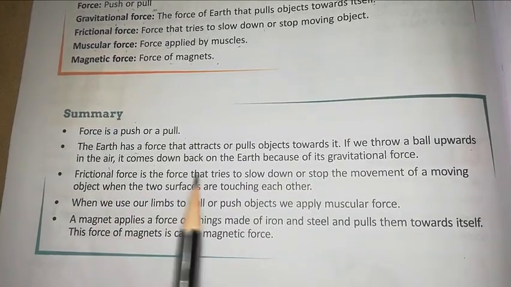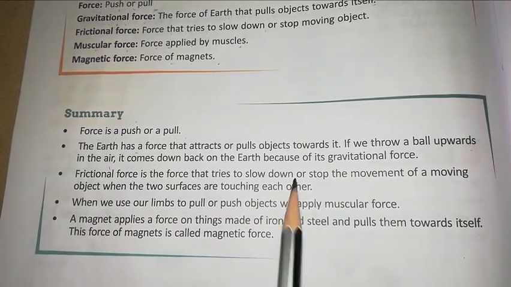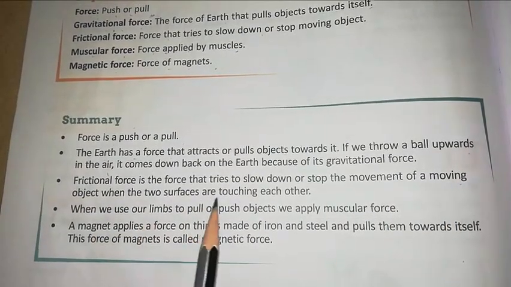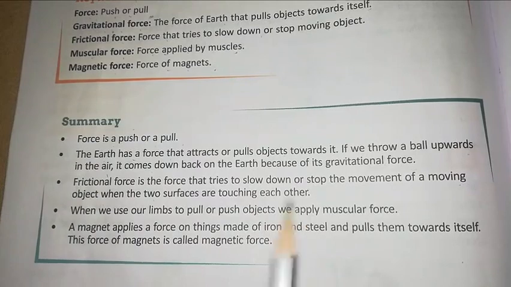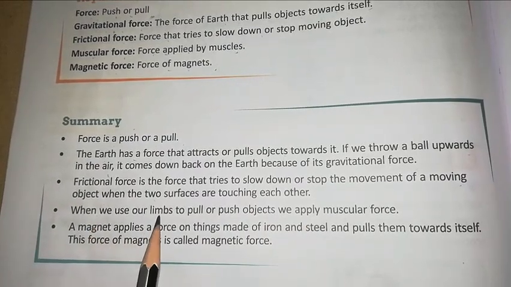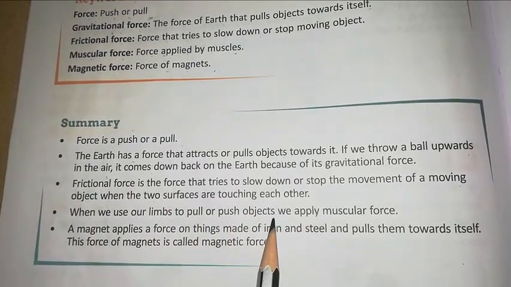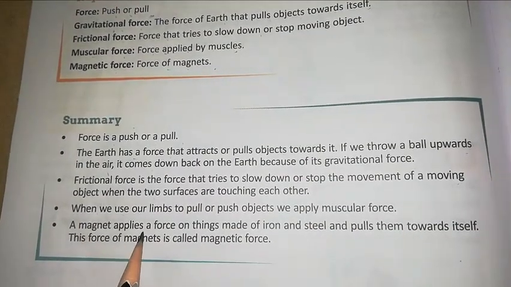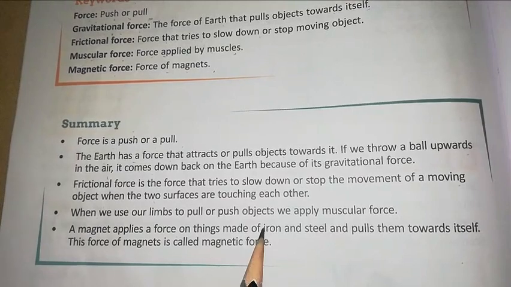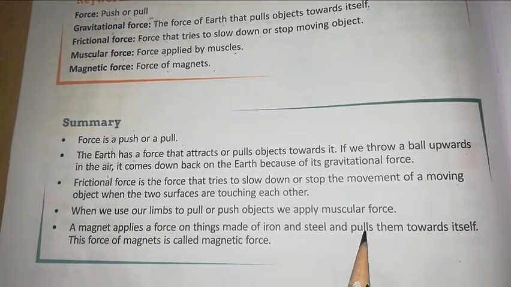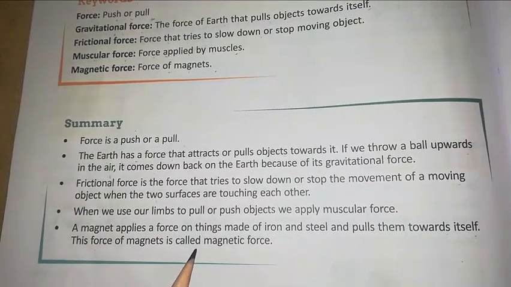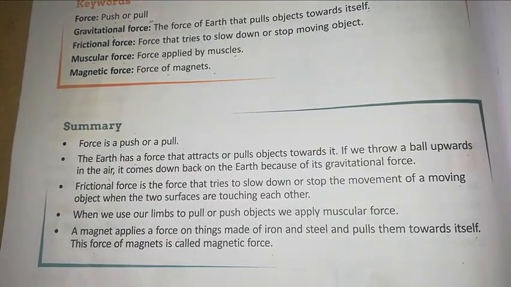Frictional force is the force that tries to slow down or stop the movement of a moving object when the two surfaces are touching each other. When we use our limbs to pull or push objects, we apply muscular force. A magnet applies a force on things made of iron and steel and pulls them towards itself. This force of magnets is called magnetic force.